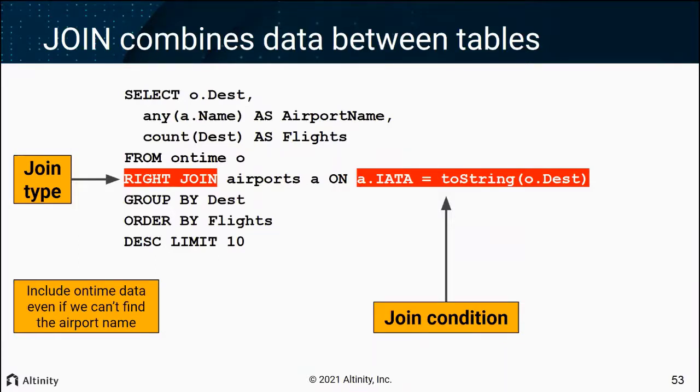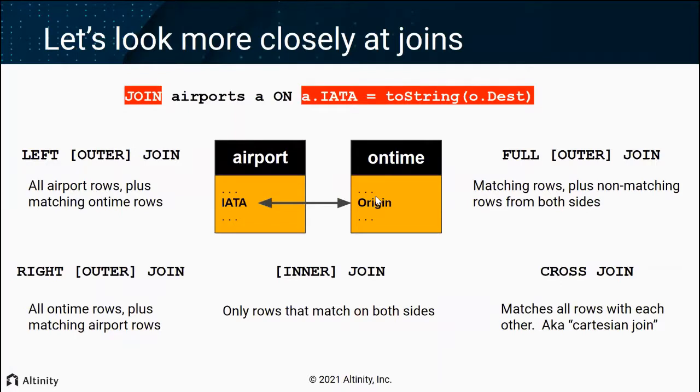We might want to have values come back even if we can't find the airport name. So the right join does that. It is going to match against the data in on-time, even if we can't find an airport for it. That's a little bit tricky, so here are some examples of how it really works.